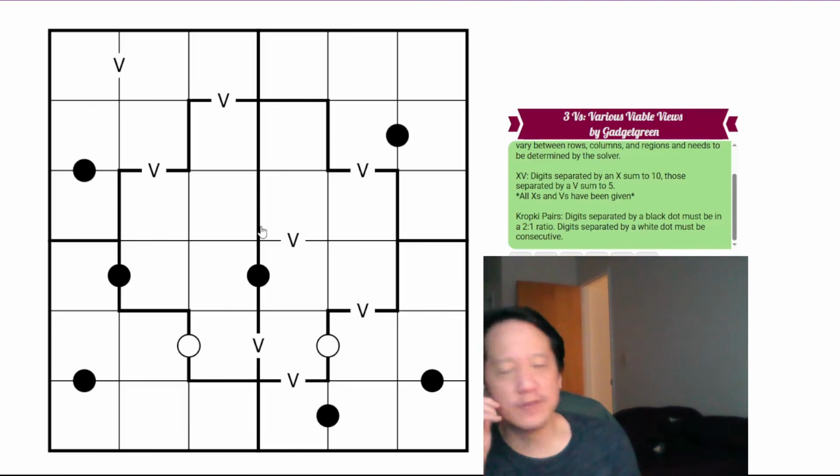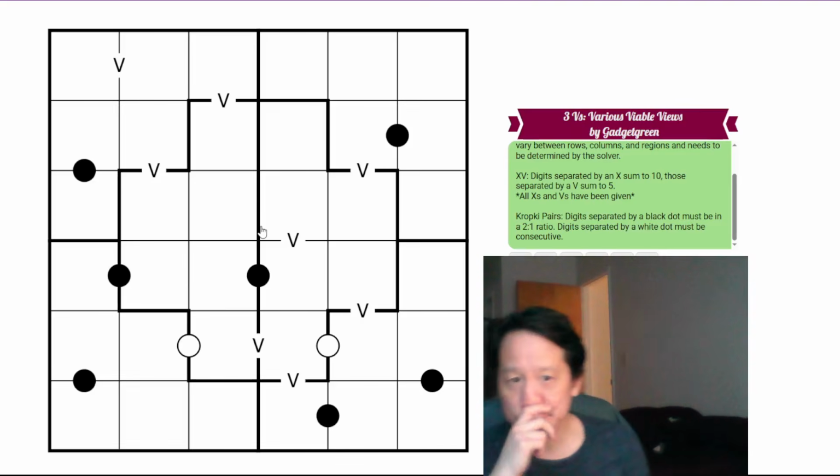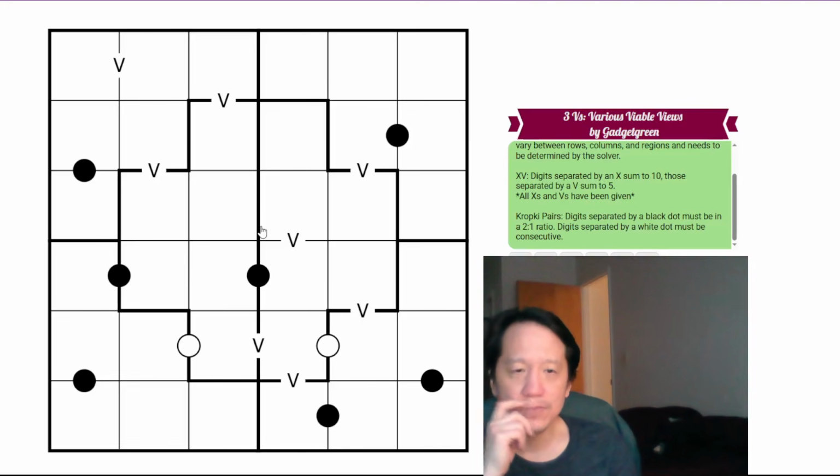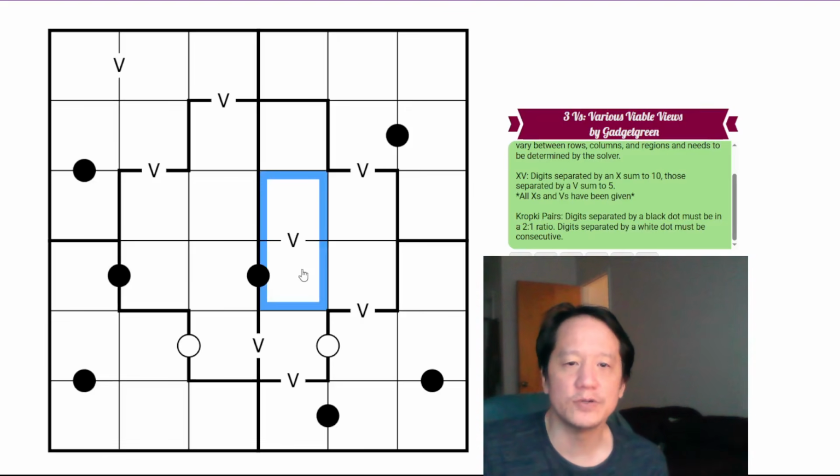So, the digits that can add up to 5 are 0, 5, 1, 4, and 2, 3. We are not guaranteed every digit is going to be in the same row or column or region. These two adding up, so let's start coloring these.